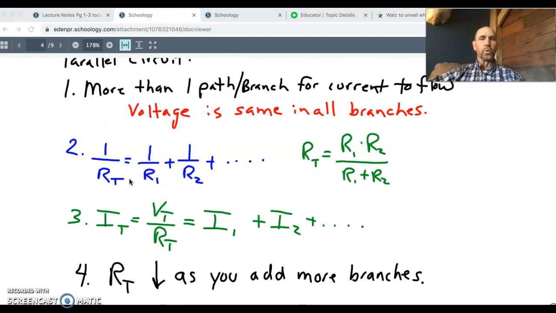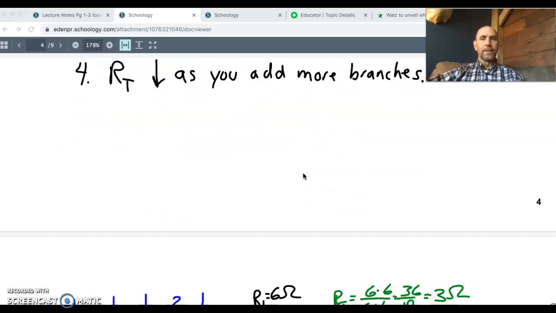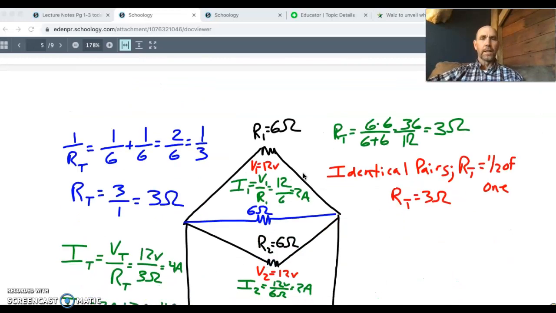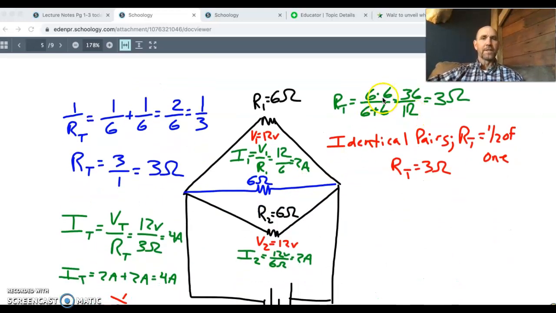There's a second rule that works also, and that's called the product over the sum rule. You could take R1 times R2 over R1 plus R2, and that would look like, I think I have that, right here. 6 times 6 is 36, over 6 plus 6 is 12, which equals 3.